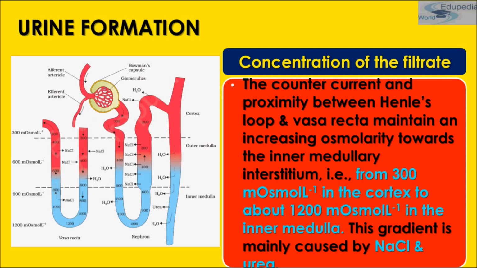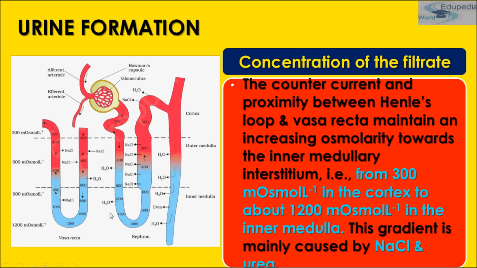The vasa recta also consists of two limbs, descending and ascending. The blood in these two limbs also flows in opposite directions. The descending limb of the vasa recta is very close to the ascending limb of the loop of Henle and vice versa.